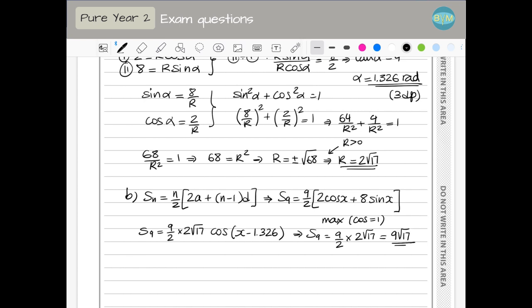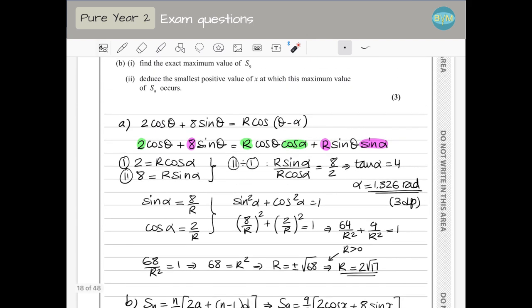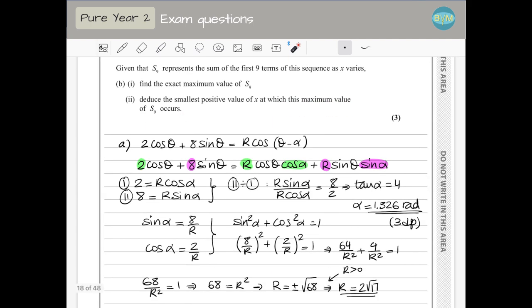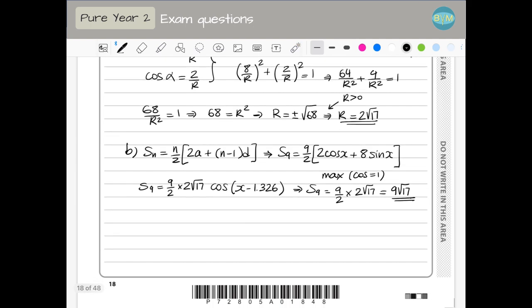And that's our maximum value. And then the last bit, it says, deduce the smallest possible value of x at which this maximum value occurs. So we are finding x now.